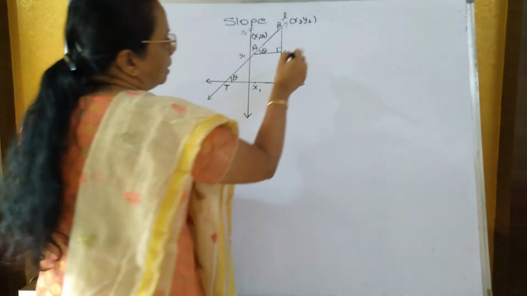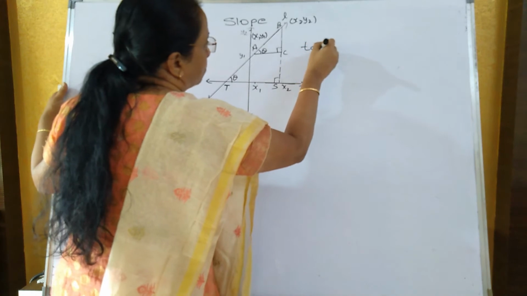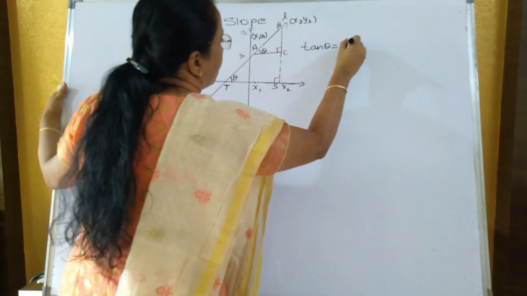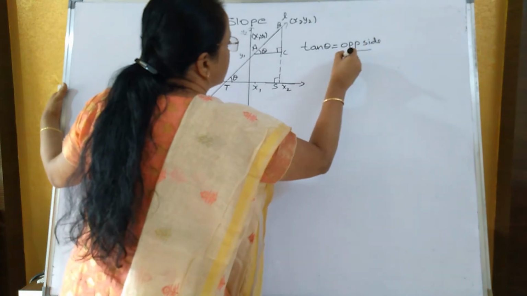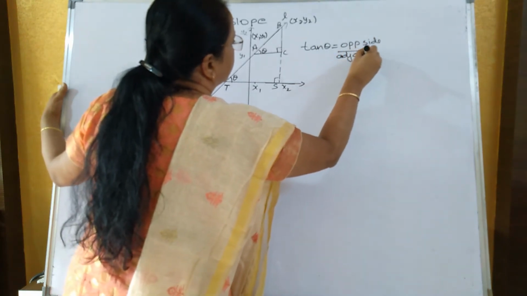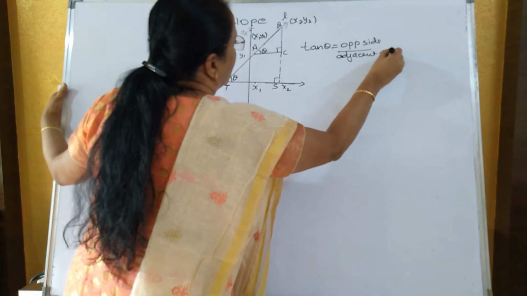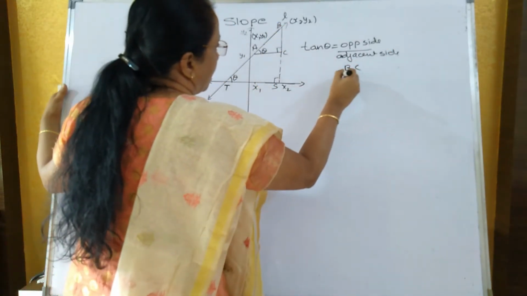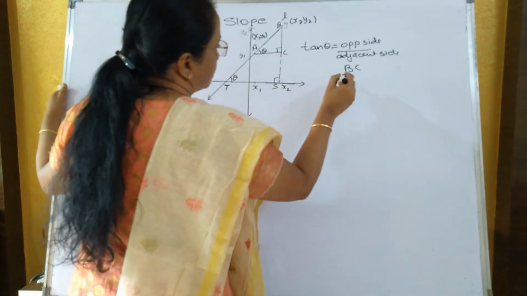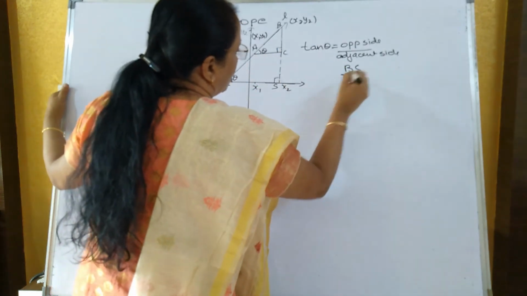Now tan theta is equal to what? Opposite side upon adjacent side. Now what is the opposite side? Opposite side is BC and adjacent side is AC.